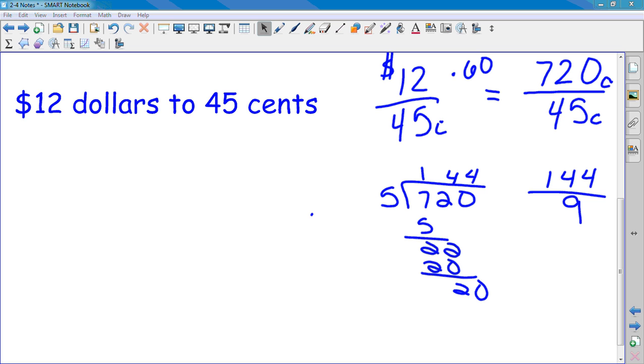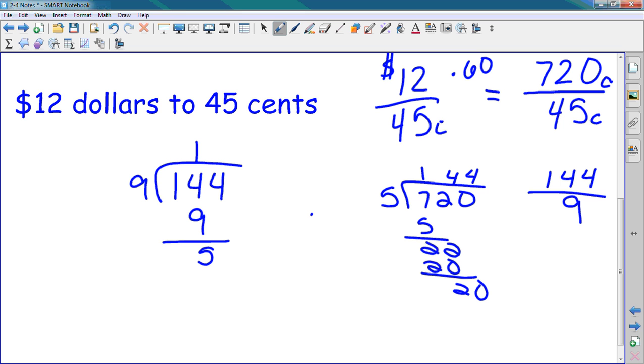Absolutely, you can divide 144 by 9. What is 144 divided by 9? 16. So if I divide the top and bottom by 9, 16 to 1. Now make sure you leave your ratio 16 cents to 1 cent. In a fraction, we would just leave that 16. But in a ratio, we want to reduce, and we still have 16 cents to 1 cent.